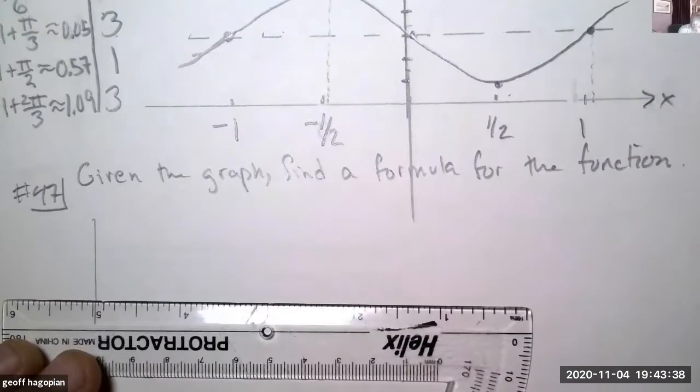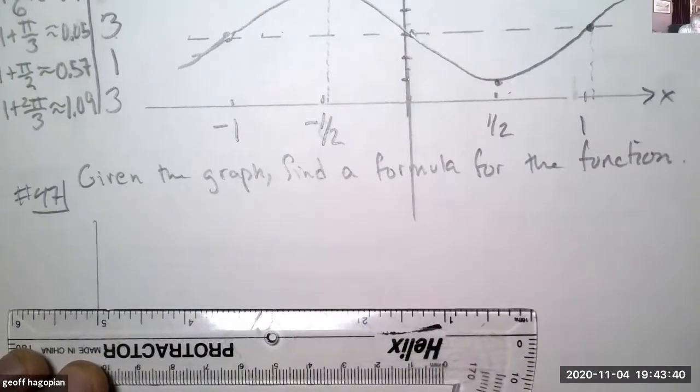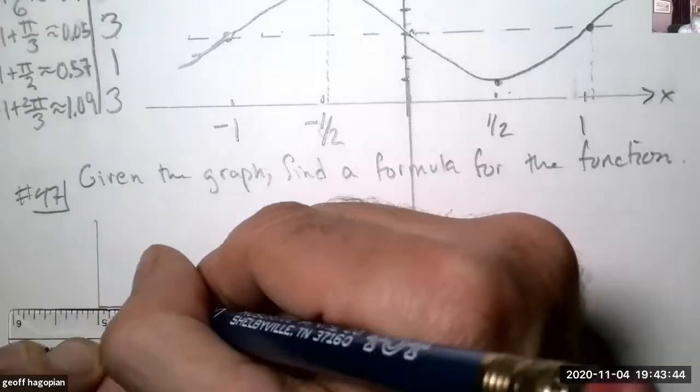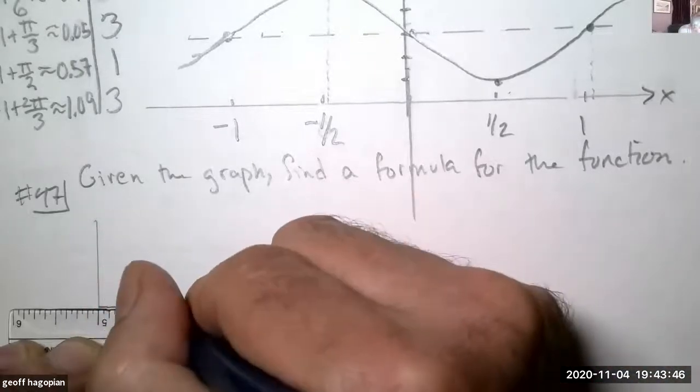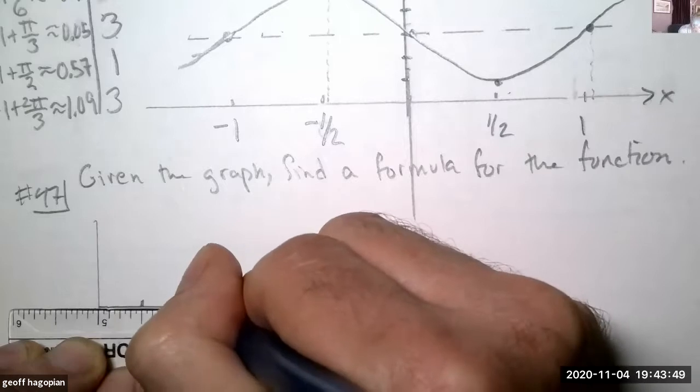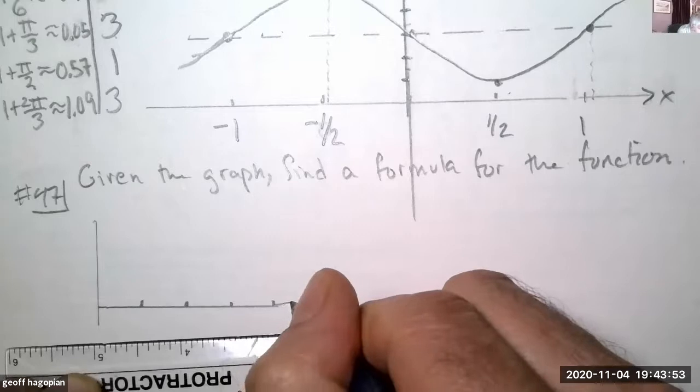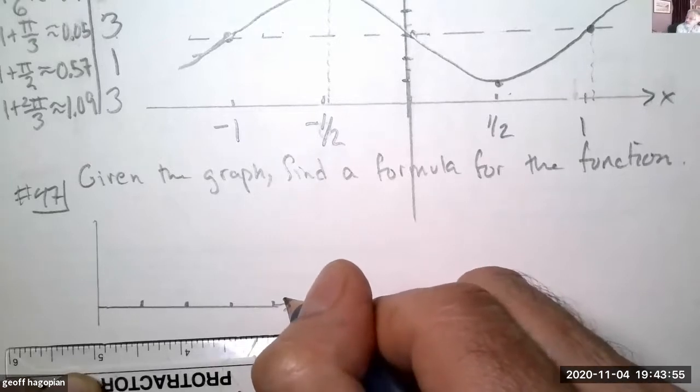So here's, so we've got one complete waveform, and it looks like it's a sine waveform. So I'm going to say 1/2 inch is a quarter wavelength, and label this as the x-axis.